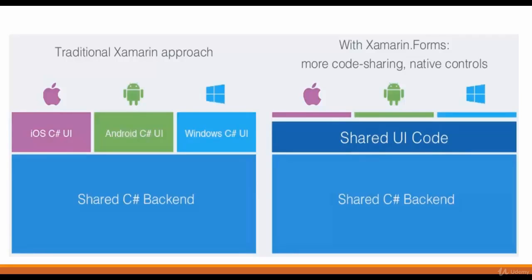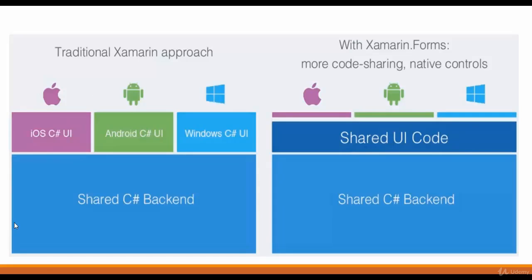Well, here we will see how Xamarin actually works, or what the underlying architecture of Xamarin Native and Xamarin Forms based applications is. So this first block relates to the traditional Xamarin approach.